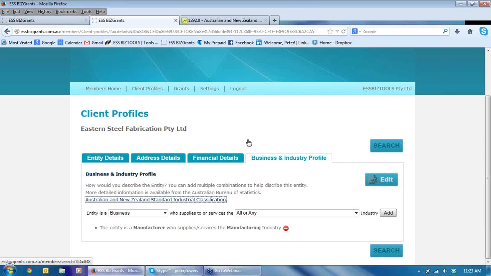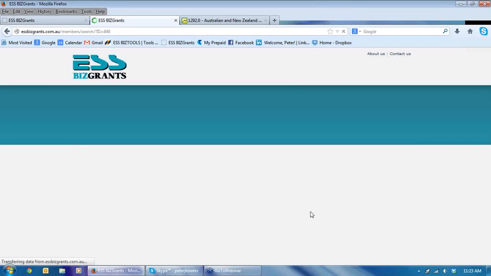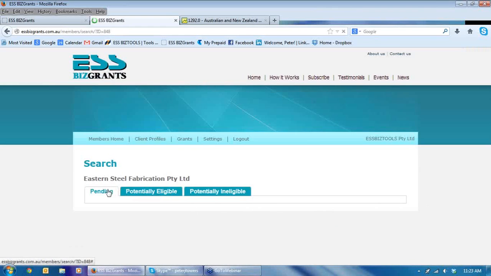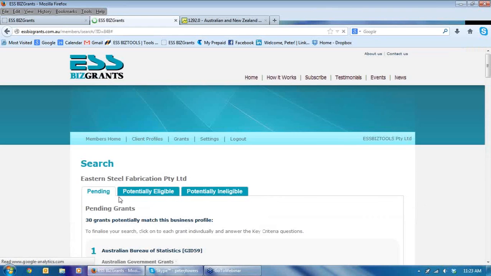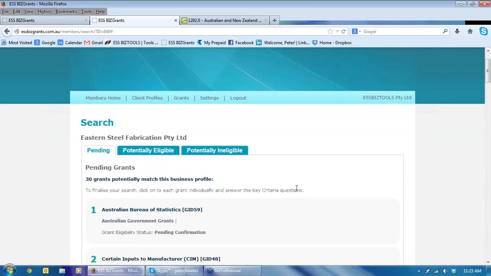So we're hopeful that by utilising the codes, it will allow you to zero in a lot better on grants, and you'll only get the grants that are very realistic for that type of business. If we then go to search, what you obtain is a pending list of this particular business.